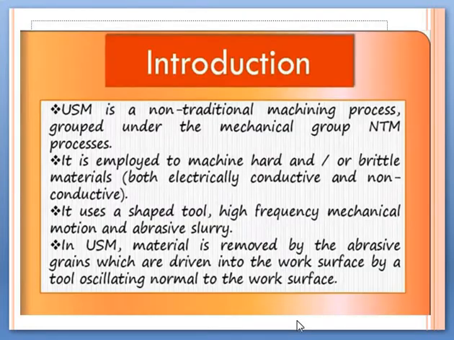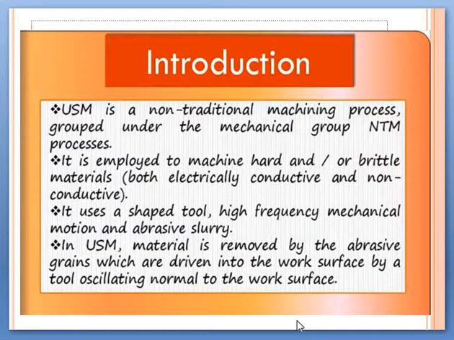In ultrasonic machining, we utilize vibration energy, that is, high frequency low amplitude vibration, for the movement of the tool, and abrasive particle slurry is passed between the gap of the tool and the workpiece in order to remove the material from the workpiece.